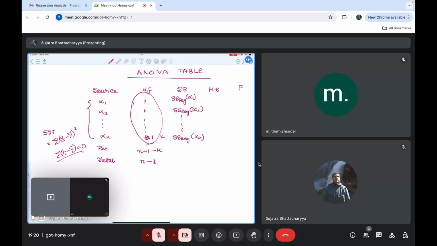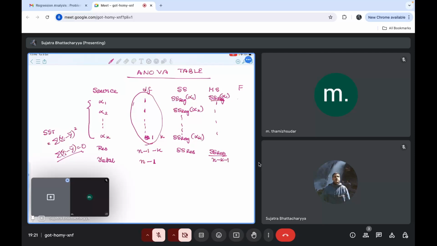Then next is MS. So this is SS residual definitely. How to calculate MS? For alpha 1, it is SS regression of alpha 1 divided by 1 degree of freedom. In this way, you calculate MS residual as SS residual divided by n minus k minus 1.